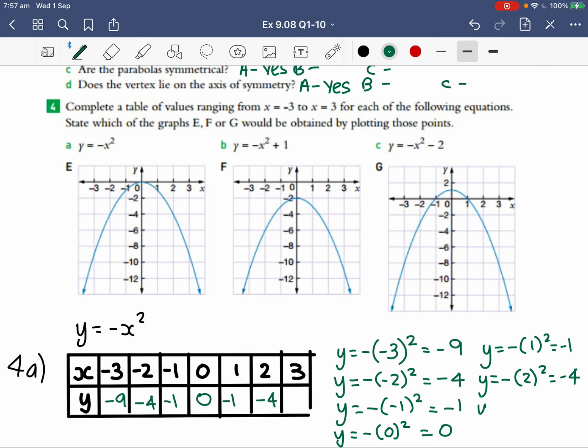Then y equals minus bracket -1 squared gives us -1. Then minus bracket 0 squared just gives us 0. Then minus bracket 1 squared gives -1, minus bracket 2 squared gives -4, and minus bracket 3 squared gives -9. So remember, do not forget those brackets. That's the one thing that I will stress.